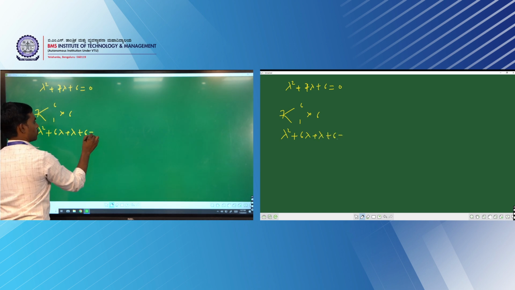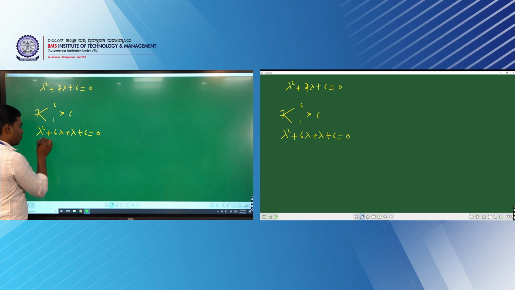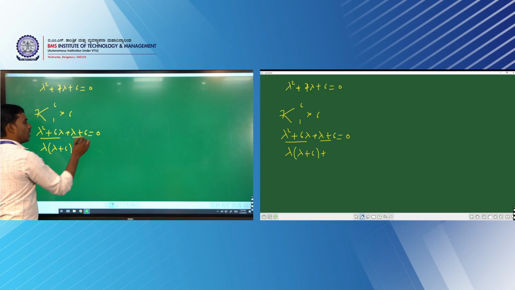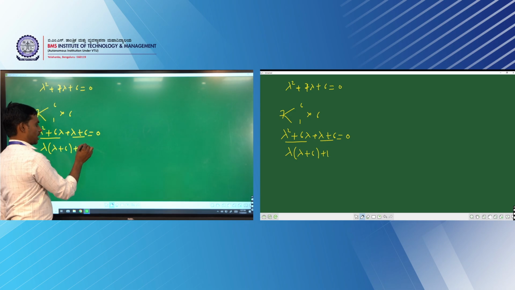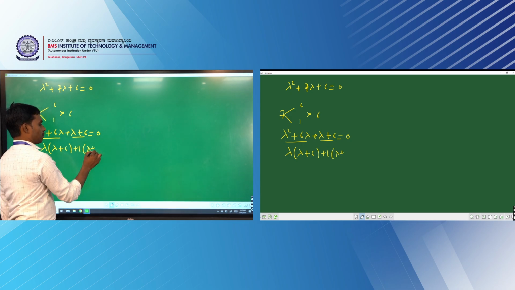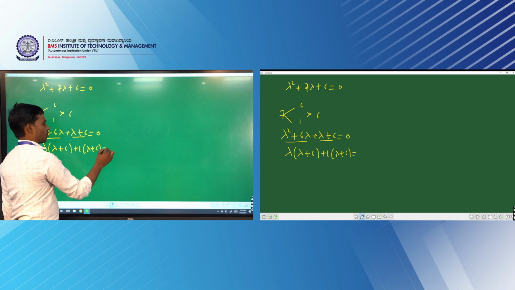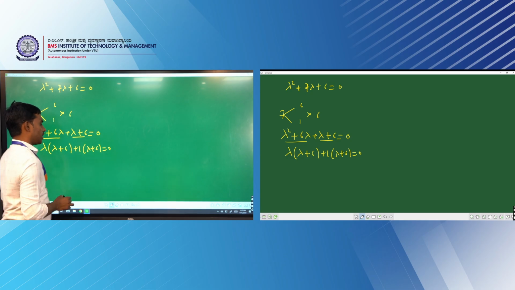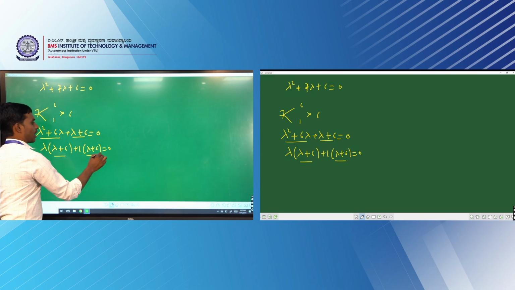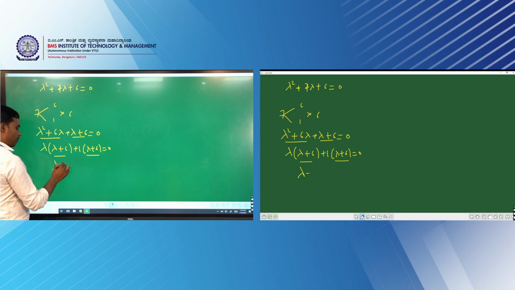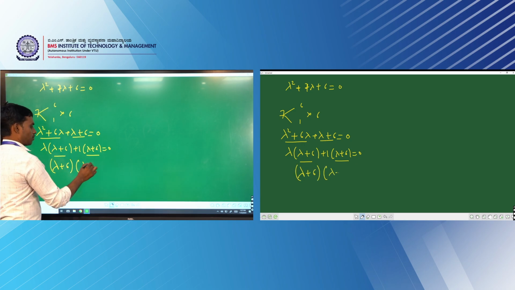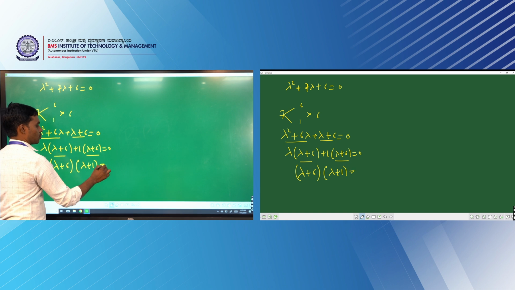6 equal to 0. From these two we can take out lambda as common. So lambda outside: lambda times lambda plus 6, plus, from these two I will take 1 outside, so 1 times lambda plus 6 equal to 0, right. So again from these two we will take out lambda plus 6: lambda plus 6 times lambda plus 1 equal to 0.